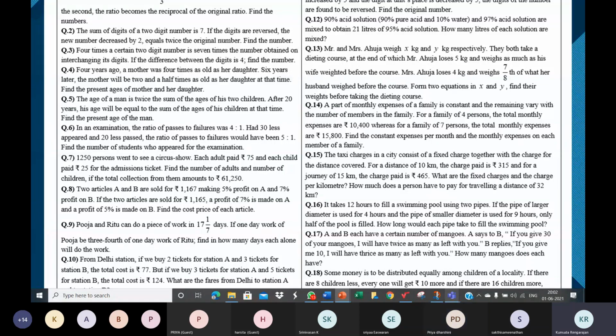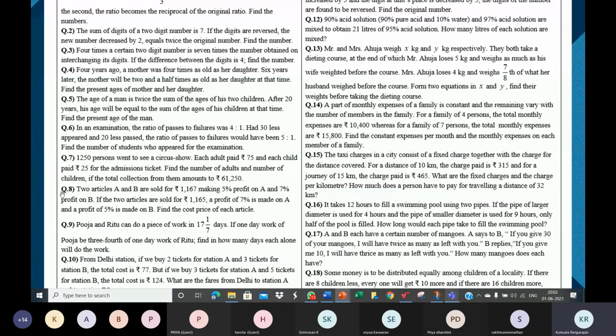Profit in rupees. So cost price plus profit will give us the selling price. So X plus, yes, Priyadarshini, you're right. X plus 5x by 100 will be the selling price of article A. Like that, you should find the selling price of article B.